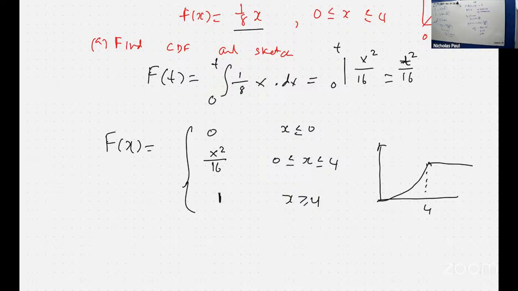To show you how I use it, if I want you to find the probability that x is less than or equal to 1, I could simply find F of 1. That's 1 squared on 16, which is 1/16. And that's all you need to know to sketch your CDF.